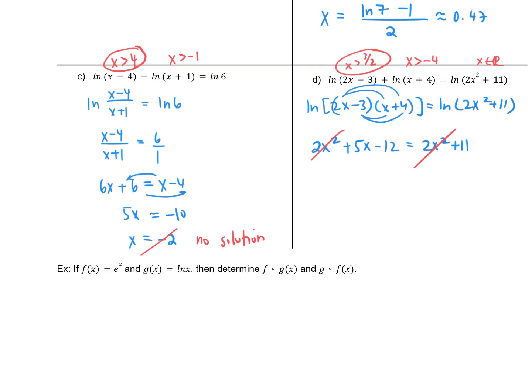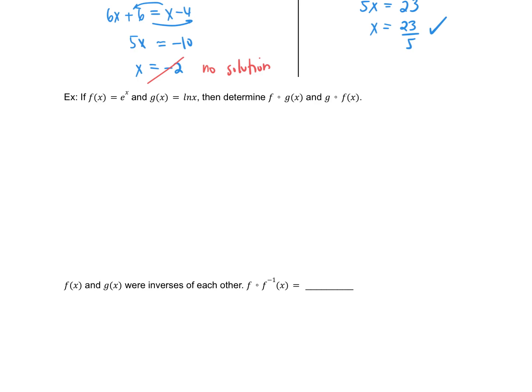The 2x squares cancel out, and now we have 5x equals 23 when we bring that negative 12 over, and x equals 23 over 5, which is 4.6, which does satisfy our restriction. So that's great. So just a refresher on the different strategies we used to solve logarithmic equations.